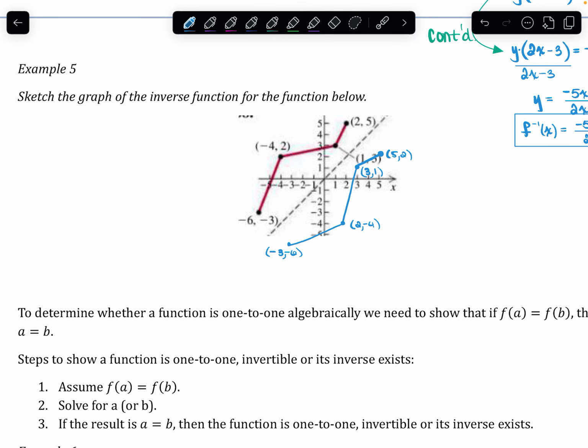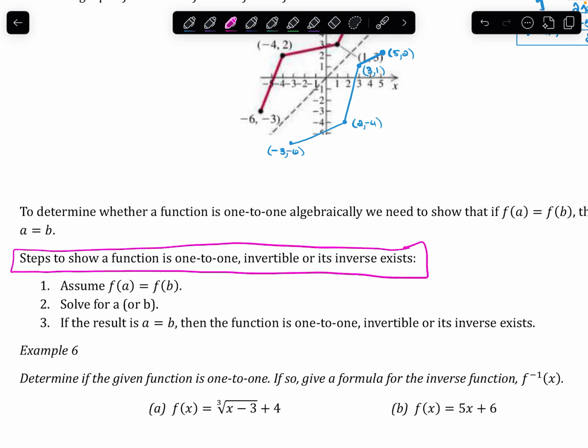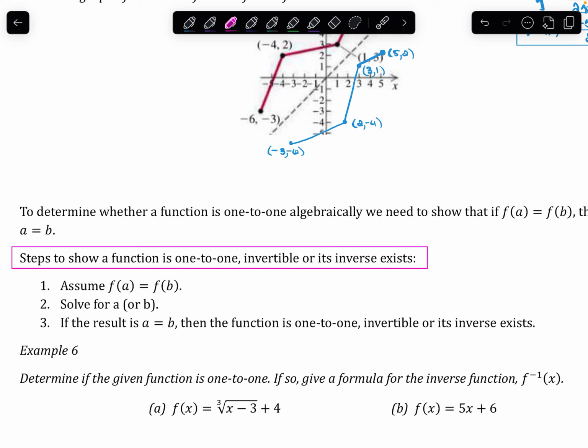All right. Last thing we've got to look at is everything we've done so far with functions said find the inverse, which means we didn't need to check is the function invertible, does the inverse exist, etc. Now we're going to look at first determine if the function is invertible, and if it is, then find the equation for the inverse. So here are your steps for showing a function is one-to-one, or that it is invertible, or that its inverse in fact does exist.